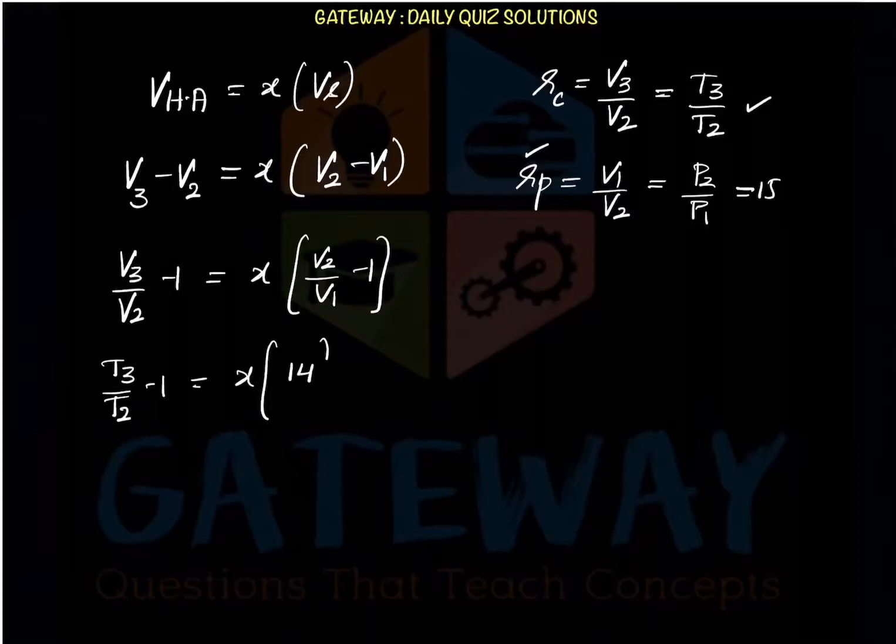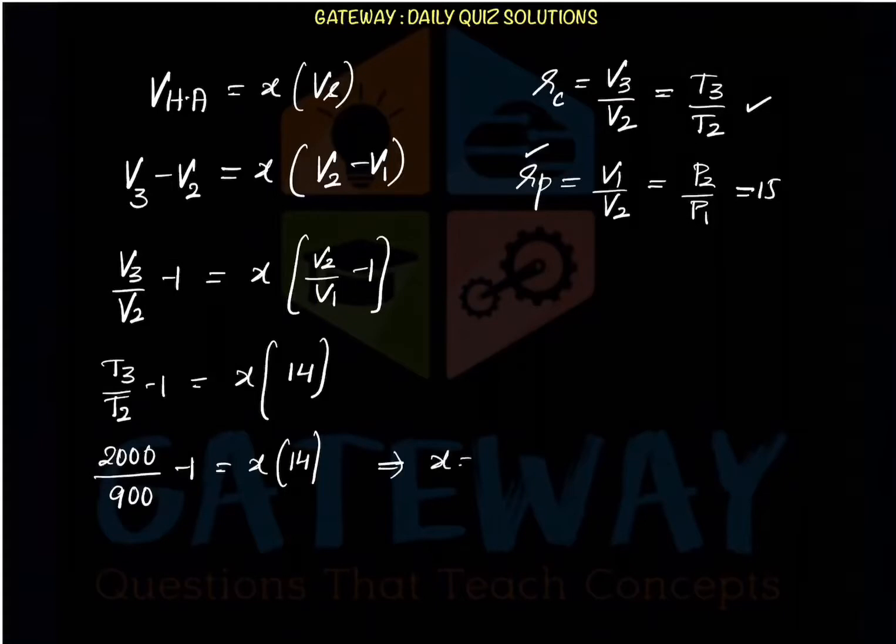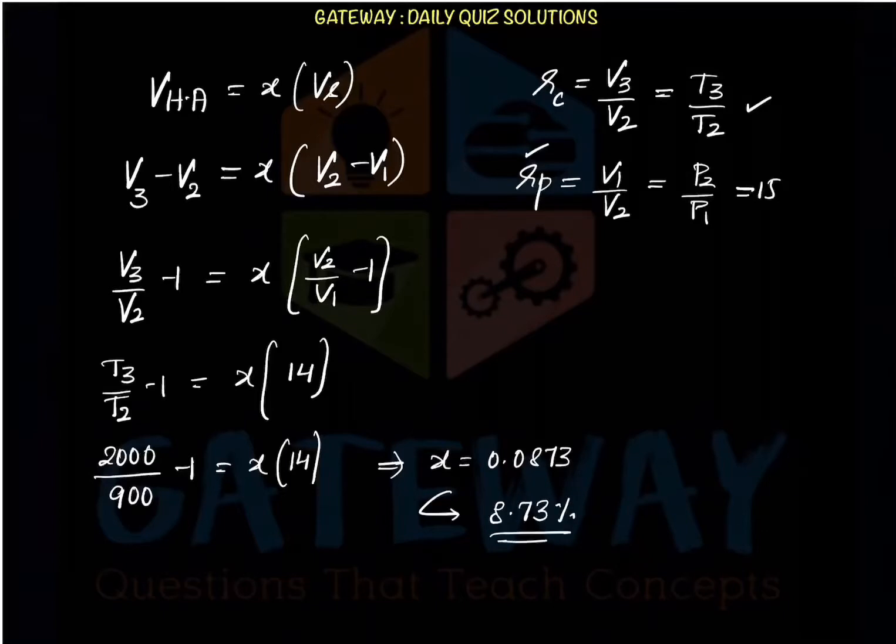So it is 15 minus 1, which is 14. T3 is given as 2000 and T2 is given as 900 Kelvin. So x into 14, and from that we get the value of x as 0.0873. It was asked in percentage, so it is 8.73%, and this is our answer for this question.